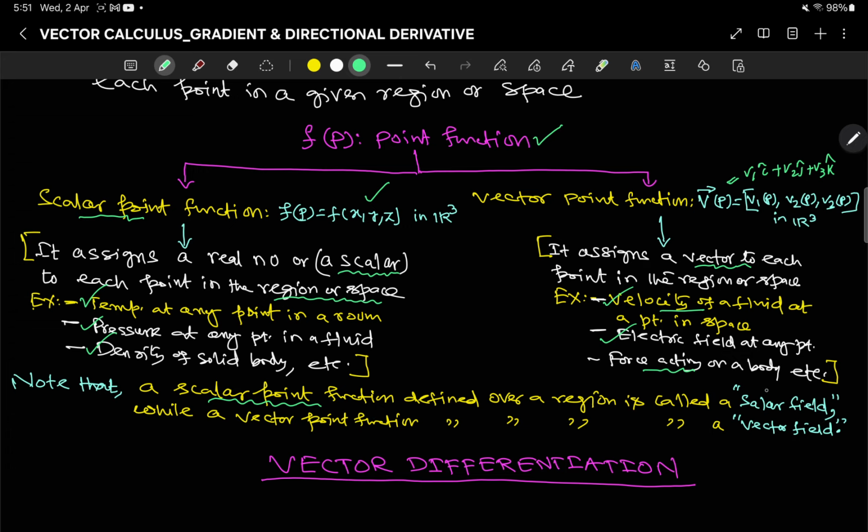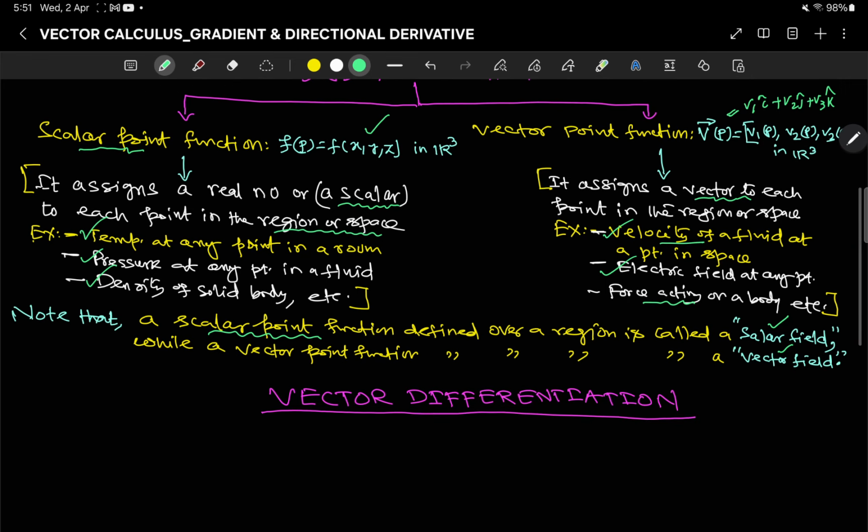Scalar point function defines the scalar field and vector point function defines the vector field. Now let us discuss vector differentiation. Then we will introduce the vector differential operator to carry forward our study of gradient, divergence and curl.